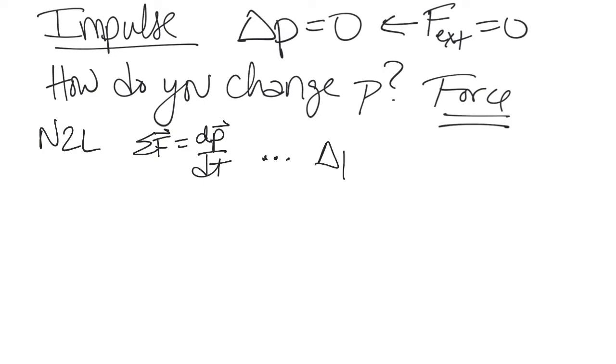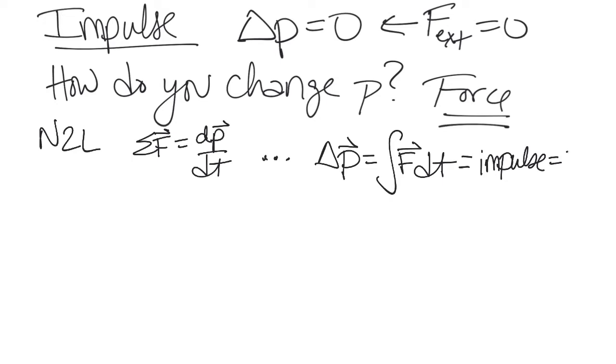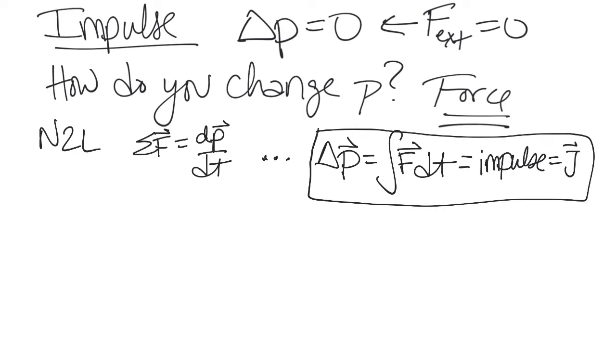You smush this around and you can convince yourself, hopefully, that the change in momentum is the integral of F dt, and we give this quantity a name, and it is impulse, and sometimes we call it capital J. Okay, so that is impulse.